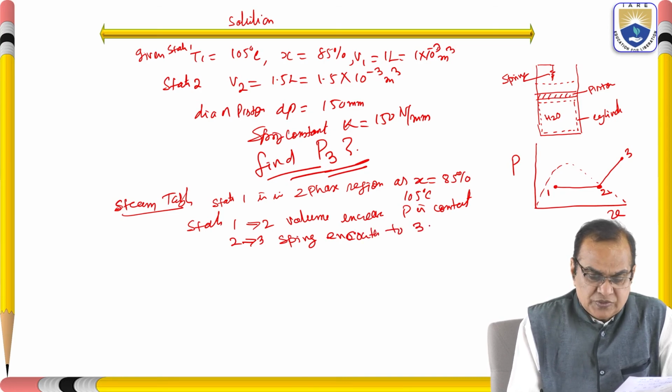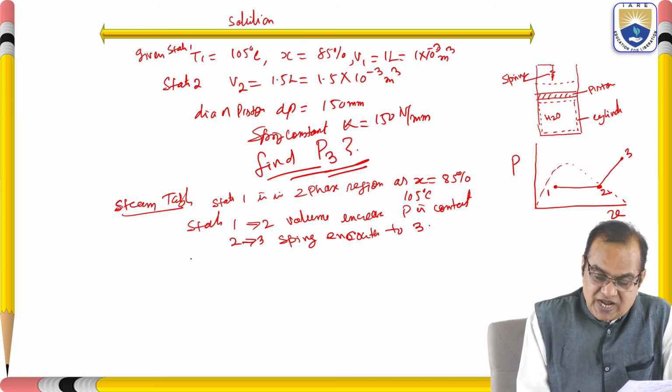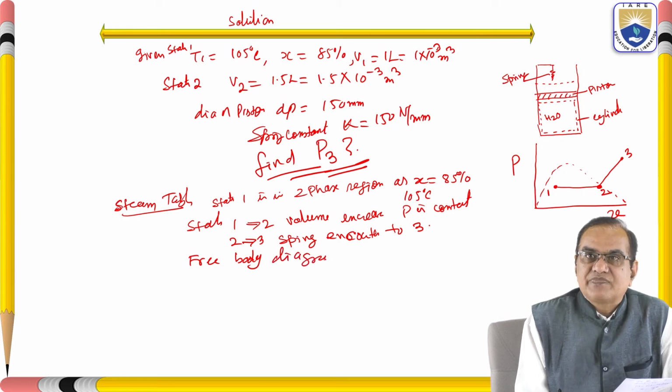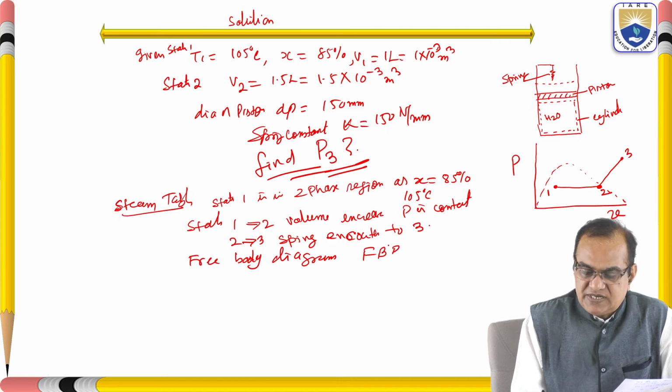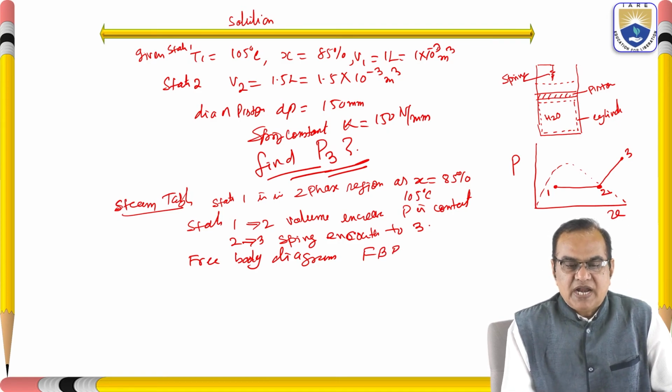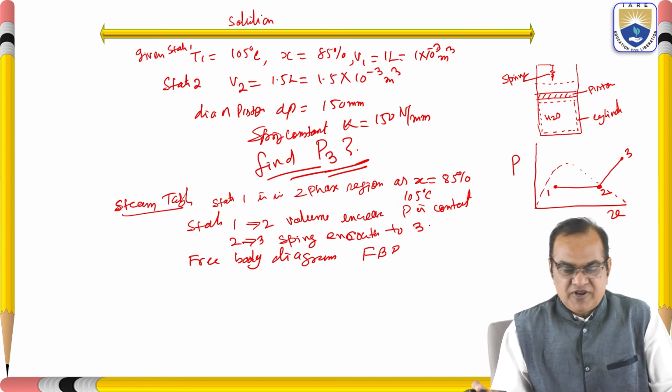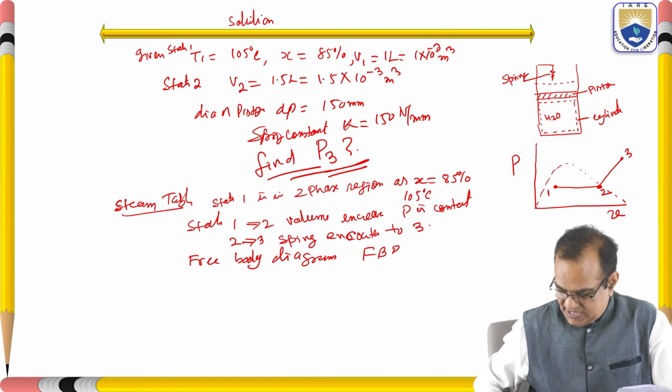So for 2, 3 we have to draw a free body diagram, that is called FBD, free body diagram. So this we can see how the free body diagram we can draw.